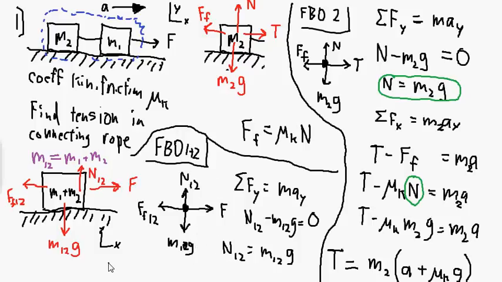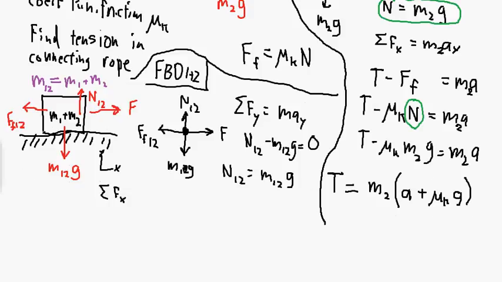Okay. Now we're going to do sum of forces in the x direction on this puppy. Sum of forces in the x direction is going to equal m a_x. Well, the whole thing is accelerating to the right at a. So that's just going to equal ma.